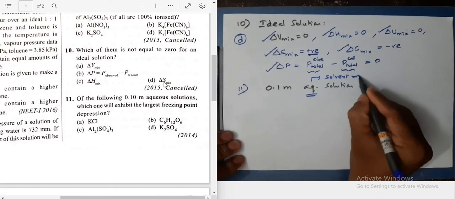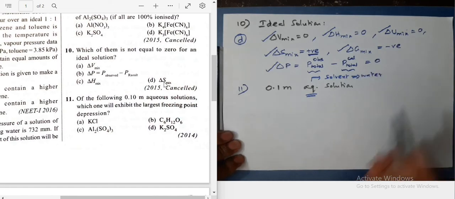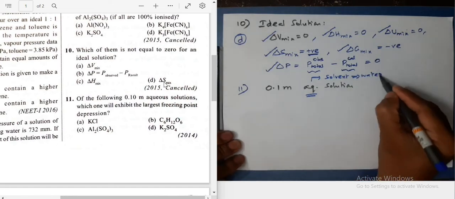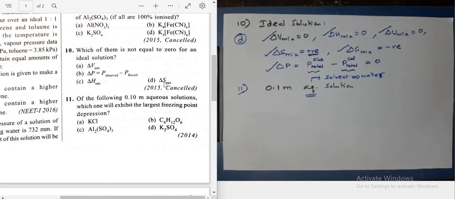So here solvent is water, because it's given aqueous solution. Now I'll read the question fully. Of the following 0.1 molal aqueous solutions, that means all are 0.1 molal aqueous solutions, which one will exhibit largest freezing point depression?